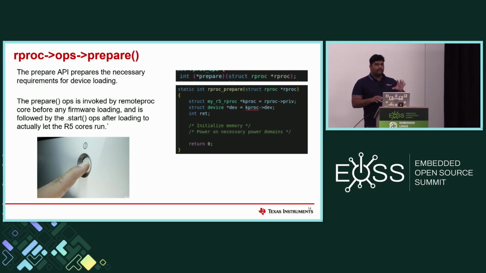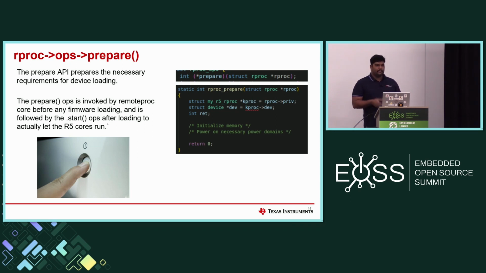If you have a heterogeneous processor, the remote core might have SRAMs or TCMs or local memories that you need to power on, and also to avoid leakage, you don't power on anything in a multi-core SoC if you're not using it. So you need to power on this core and those regions that you need to load the firmware into first. This is a prerequisite step before loading the firmware.